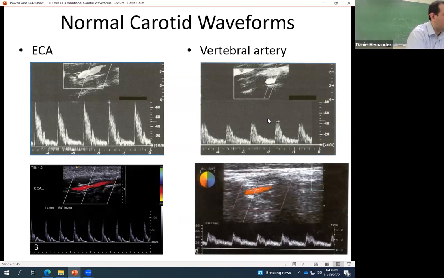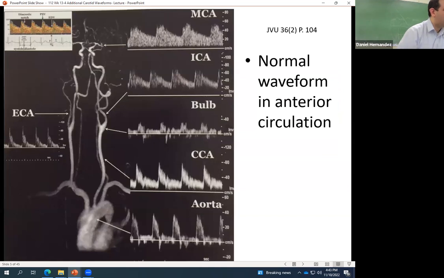I'm going to go through these fast, the ones that we haven't seen. So aorta, CCA, bulb, where we get a disturbed flow pattern. That's why we usually don't Doppler in the bulb. Then ICA, and the middle cerebral artery up there.